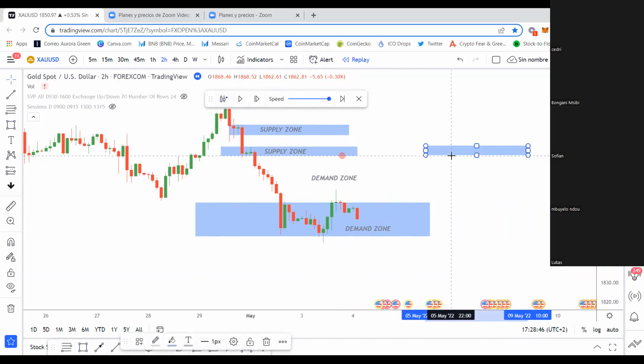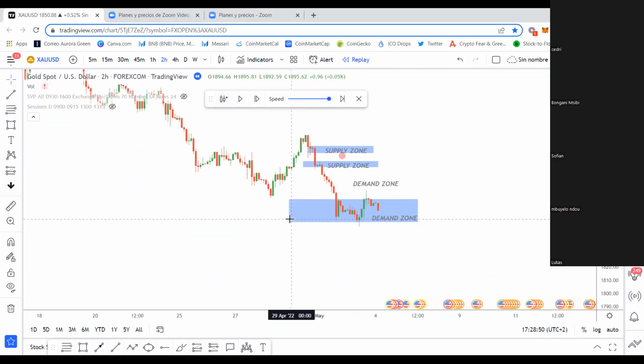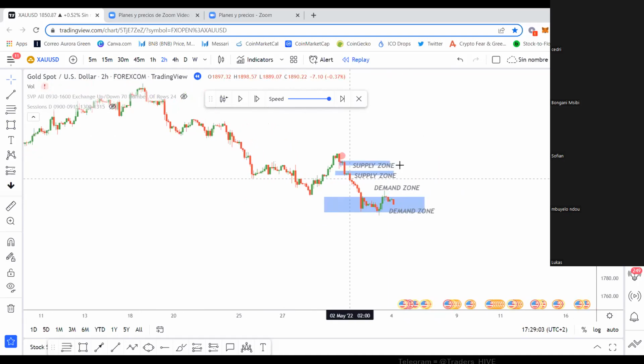And as we can see clearly, price is in a downtrend, okay? The structure of the price is bearish. It's doing lower lows and lower highs all the time. So the structure is bearish, okay?